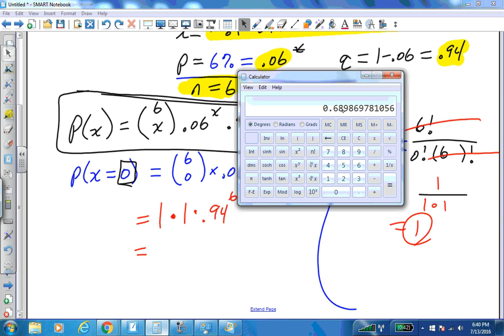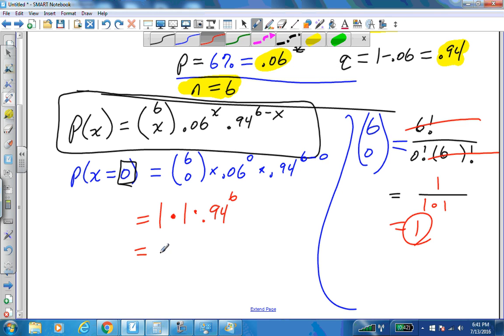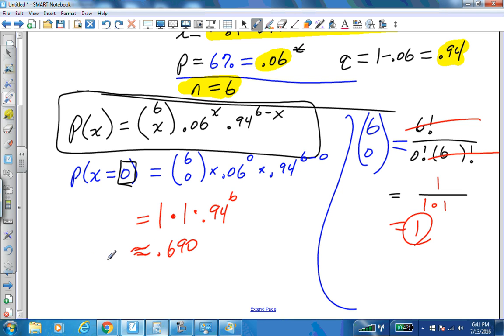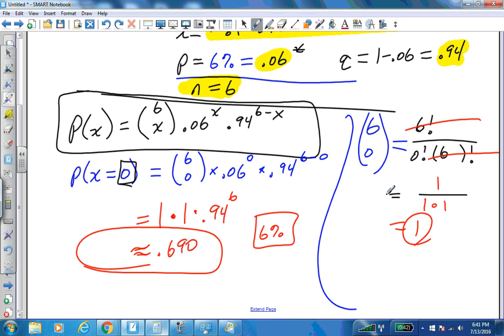You could think 689 rounds up to 690. That 8 rounds that up to the next. So 0.690. So that's how likely it is that all 6 wheels have a perfectly centered axle hole drilled if the likelihood of just one of them being off-centered is 6%.